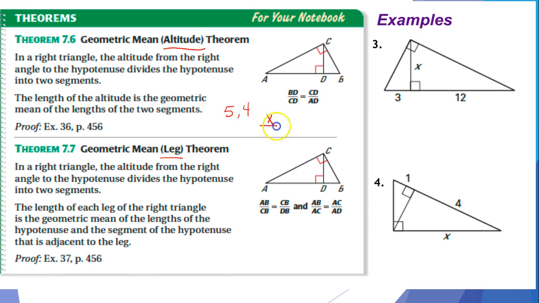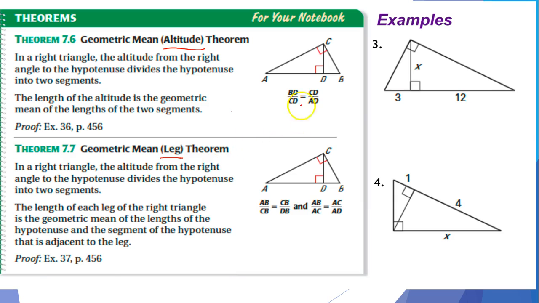You say x over 4 is equal to 5 over x. Then you cross multiply, get x squared is equal to 20, and solve for x. x is equal to the square root of 20. We can simplify that or turn it into a decimal number, but that is what the geometric mean of 4 and 5 would be. So these theorems go along with the geometric mean of two numbers.